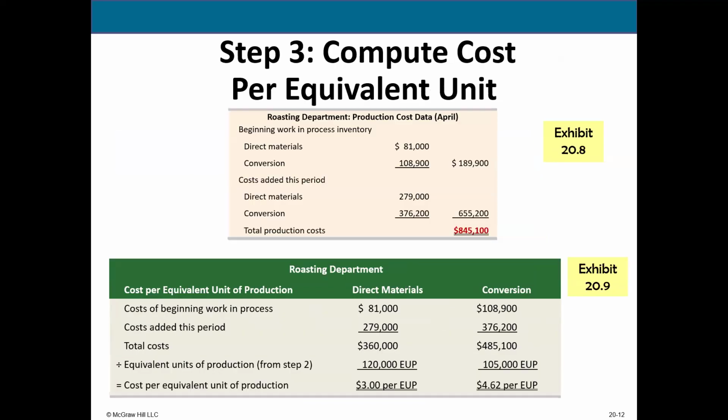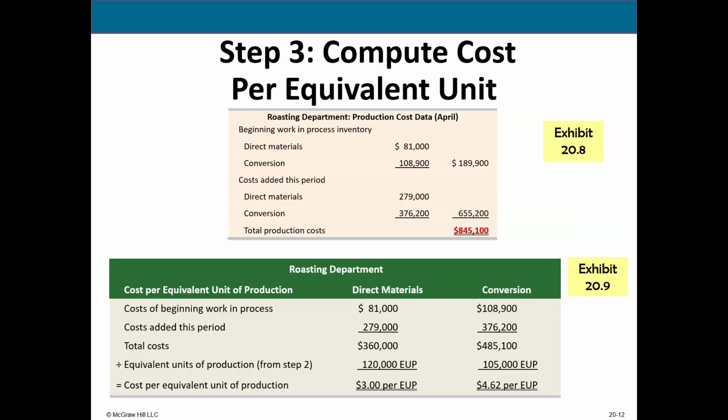Okay, so that leads us to the third step, which is to compute the cost per equivalent unit. So I'm breaking this down to a per unit basis. And the way that I'm going to do this is, of course, formula based as well. I take the beginning work in process inventory plus the additional costs added for the period.